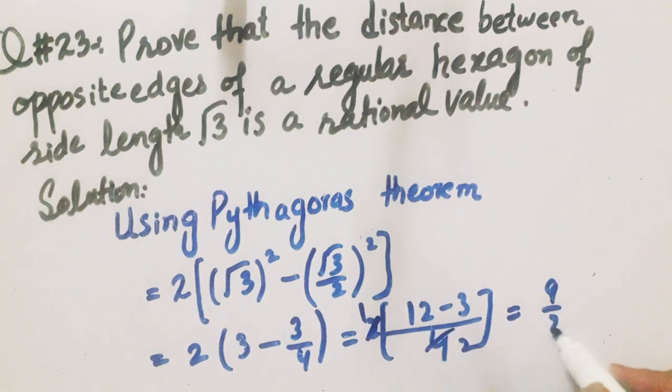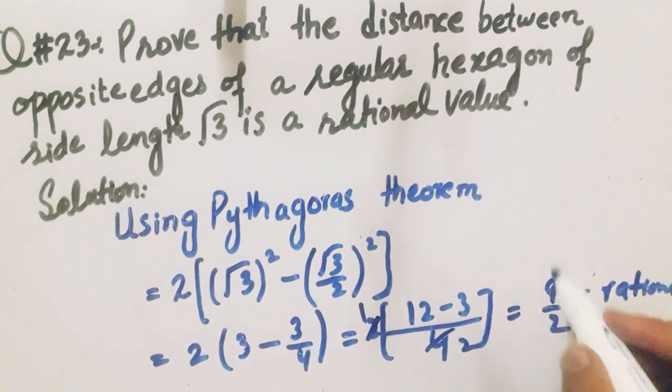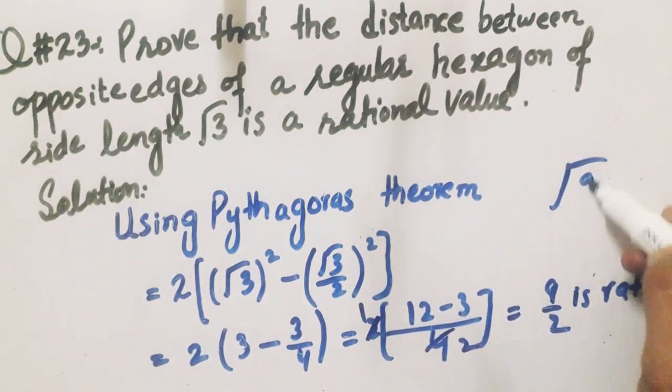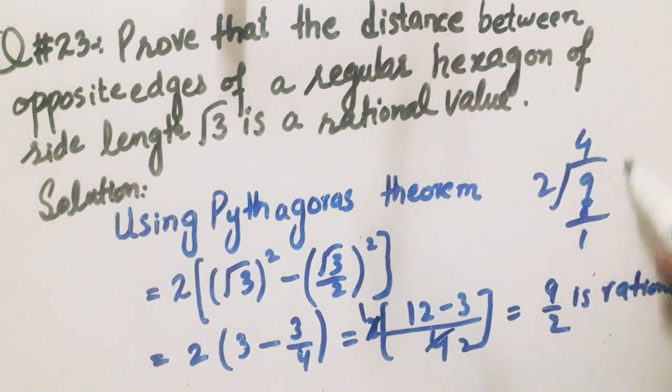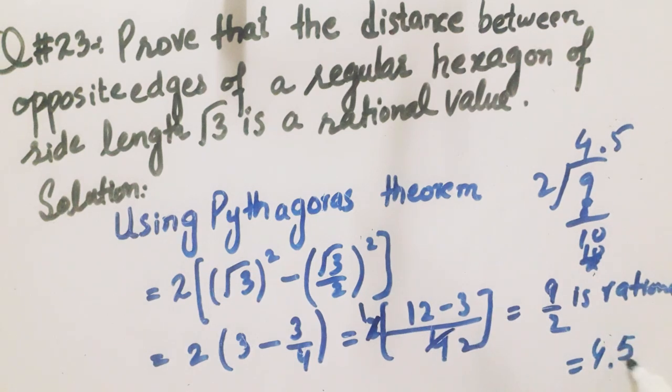So 9 by 2 is the distance, and this is a rational number, because when we divide 9 by 2, we will get 4.5. So this is the answer, and that is rational. Now we will solve the last question.